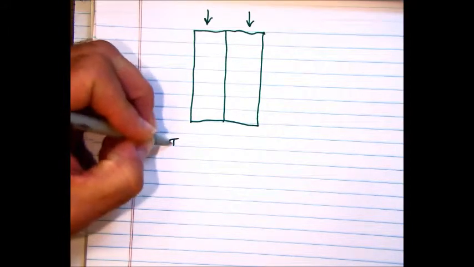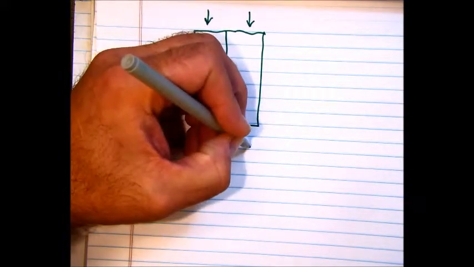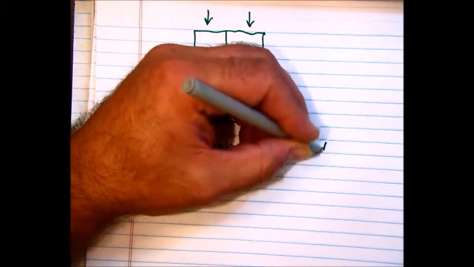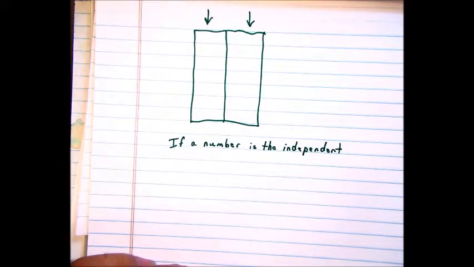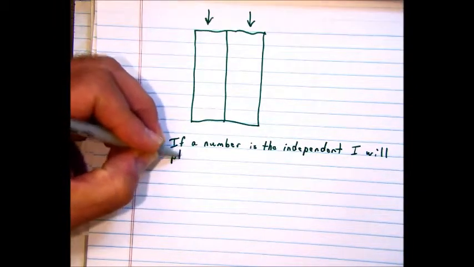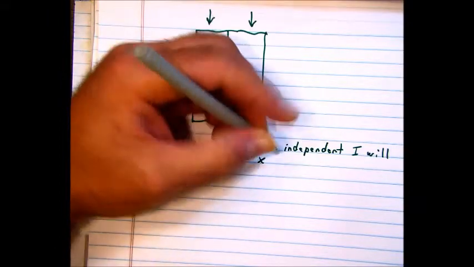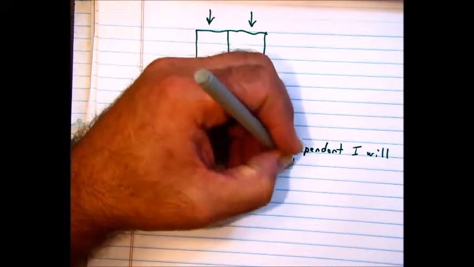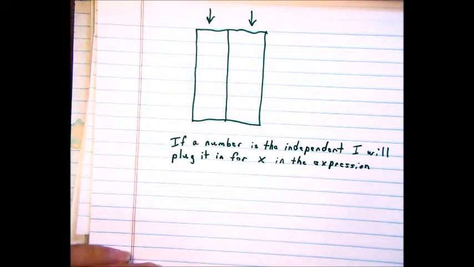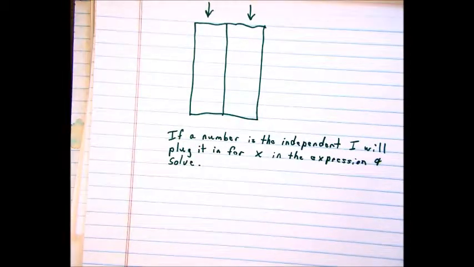That means if a number is the independent, I will plug it in for x in the expression and solve. This becomes a calculator problem. I just do the math.